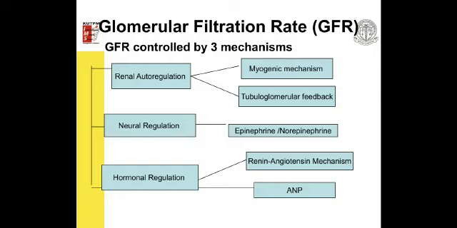Renal autoregulation is dependent on two mechanisms: the myogenic mechanism and tubuloglomerular feedback. Neural regulation depends on the sympathetic and parasympathetic systems, which involve epinephrine and norepinephrine, whereas hormonal regulation is the renin-angiotensin-aldosterone mechanism and the atrial natriuretic peptide.